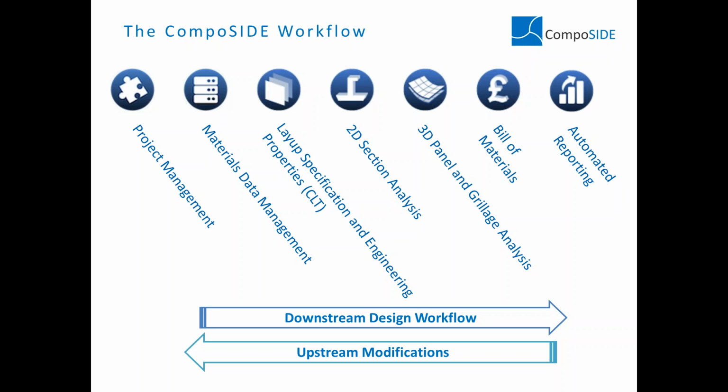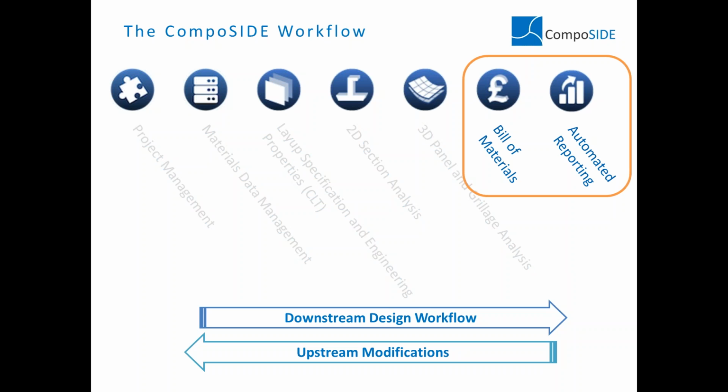It gives you basic beam 2D section properties and allows you to really quickly iterate on a preliminary design. The next step from here is to go into FE space, where we go from 2D to 3D. We can analyze grillages in here, panels and grillages combined, and do basic FE calculations and models.